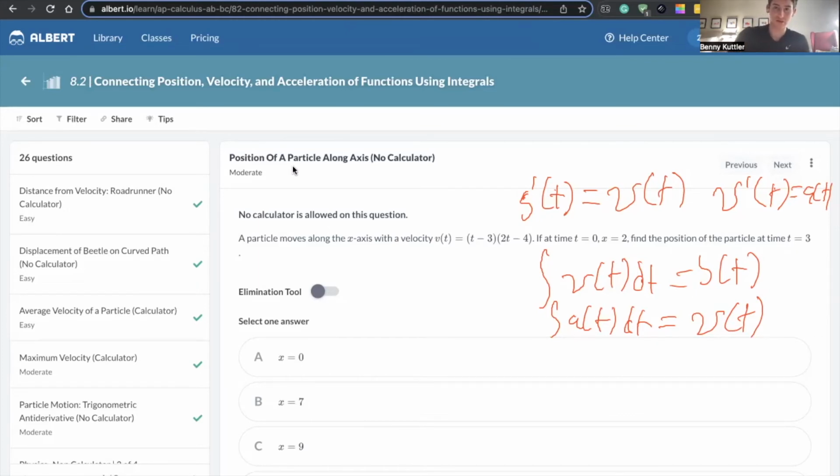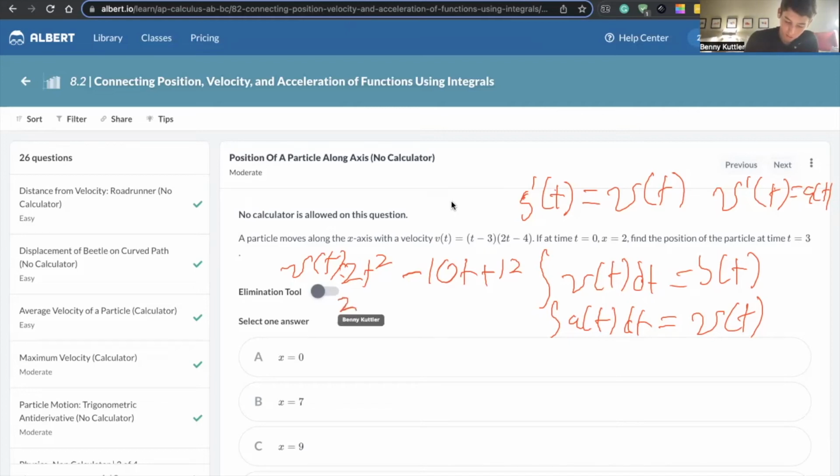What we want to do is multiply this out because it's going to be hard to work with. So 2t squared minus 10t plus 12. We can take out a common factor there, but just to save some time, I won't. So we know that's the velocity. Now we can integrate that.